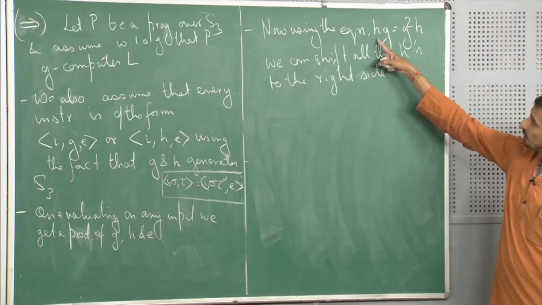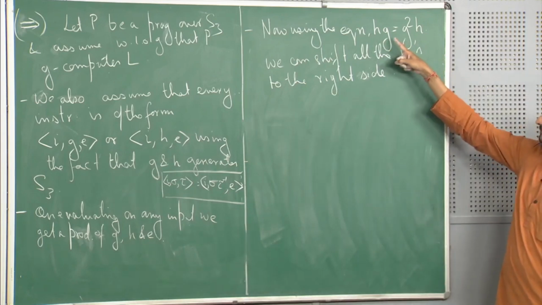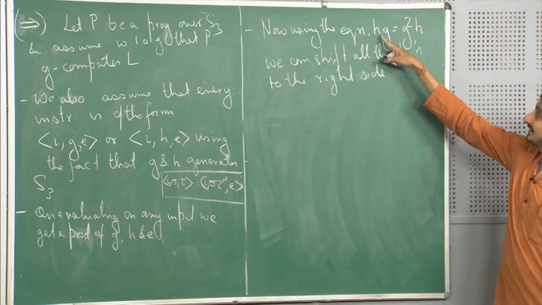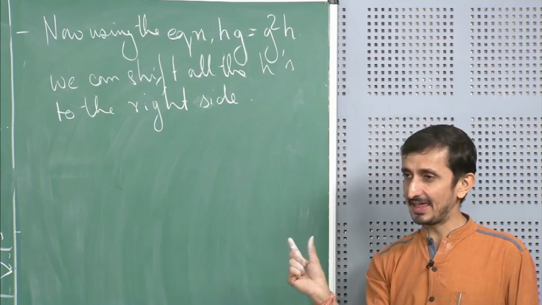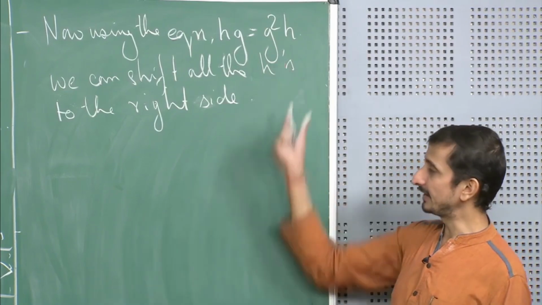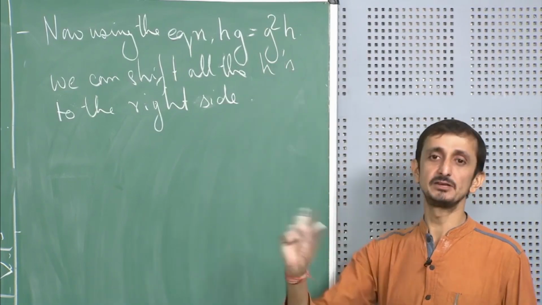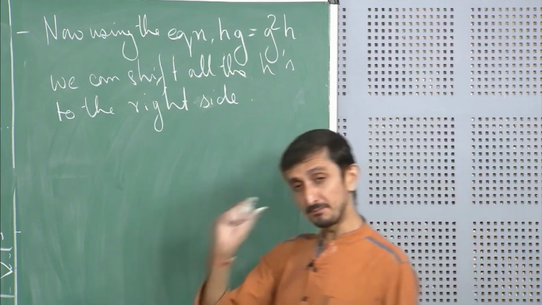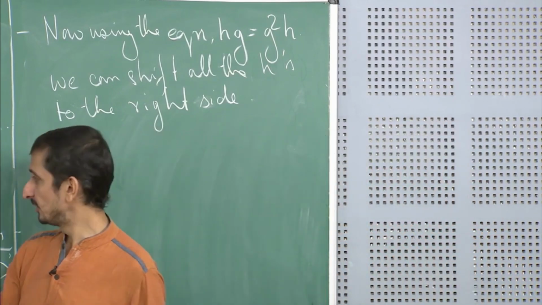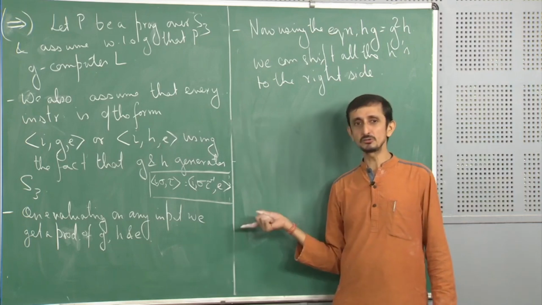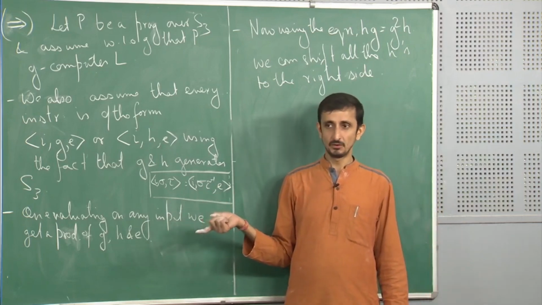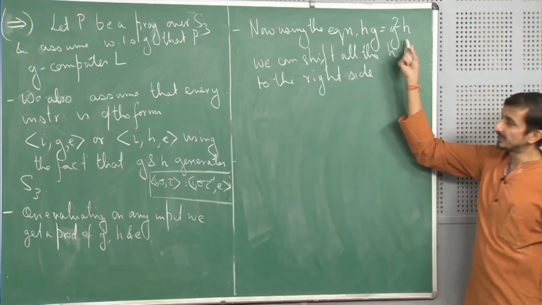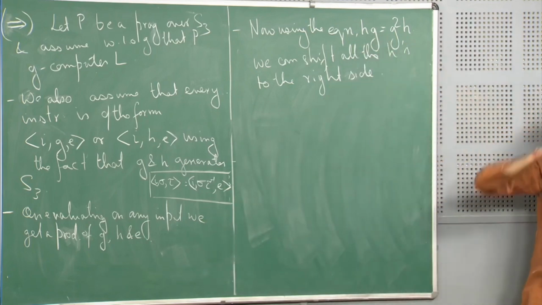Not only that, there is another important thing about this equation, that it is not actually changing the number of H's. Okay. So, let us say if I have a term HG somewhere, and if I apply this and I get G square H, basically if I am shifting the H, the number of H's is actually remaining constant. So, in this initial product also the number of H's is divisible by 2, it is even. This equation is only changing the number of G's, but it is not changing the number of H's.